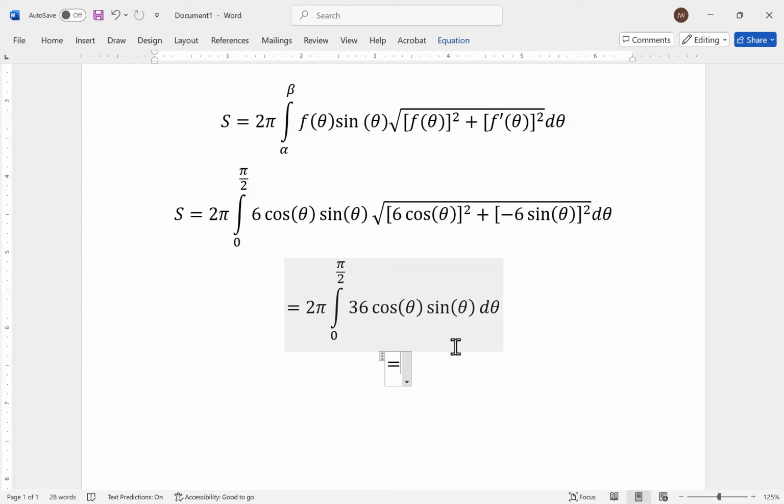But if you want to type it in, you can type it in as well. Whichever way you feel most comfortable, you can type it in that way or do it by hand. Again, it's not hard to do by hand if you wanted to do that. In this case, you get 36 times pi.